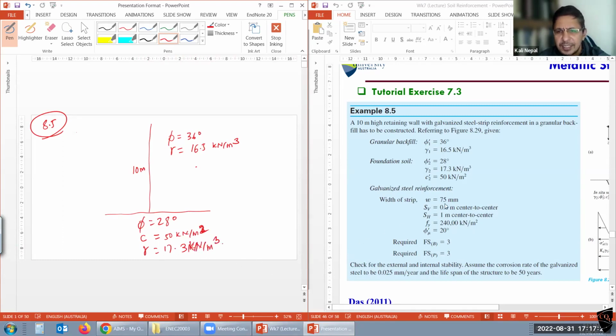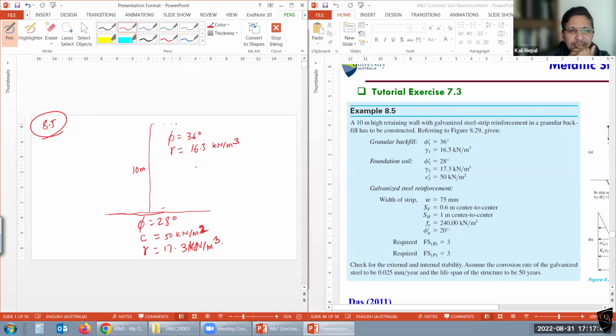You see now, the width is given, but no thickness here. Did you see the width of the steel strip? The vertical spacing, horizontal spacing given, and the yield strength given. There's a friction angle at the bottom here, that's given. The factor of safety given. Easy, right? Look at here.